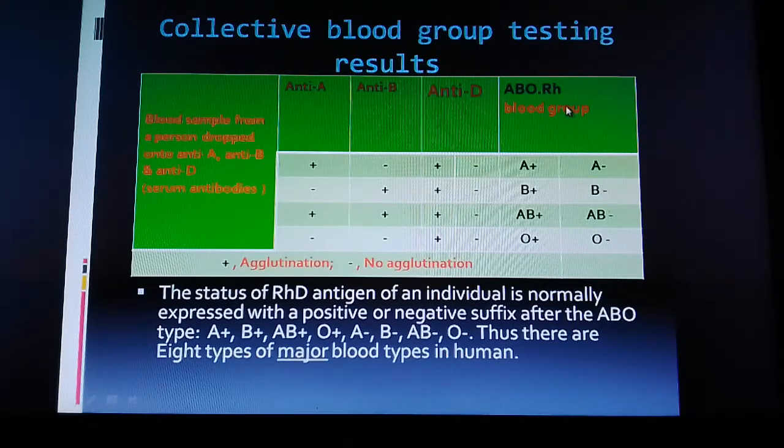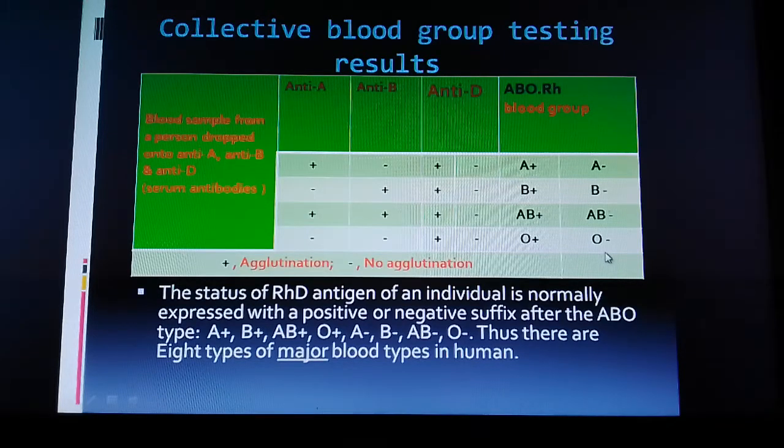Similarly, if it is RH negative, then you can put a minus suffix to A. That way, adding the status of RH to the ABO blood group system, you can find 8 types of blood among humans: A positive, B positive, AB positive, O positive, and A negative, B negative, AB negative, O negative.